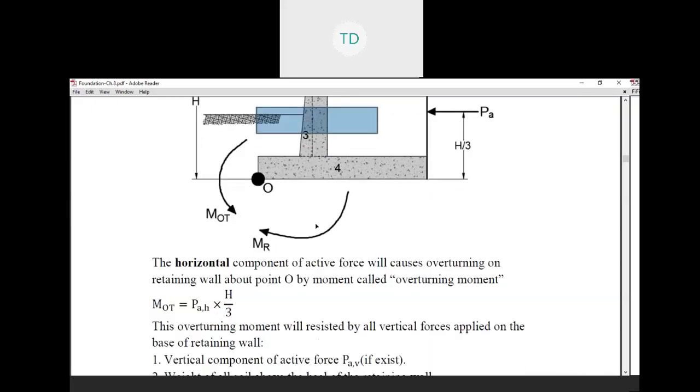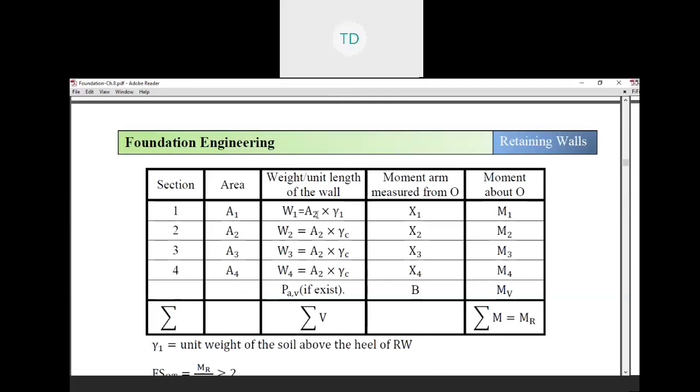W1 is equal to A1 into Y1, W2 is equal to A2 into Y2, W3 is equal to A3 into Y3, and W4 is equal to A4 into Y4.